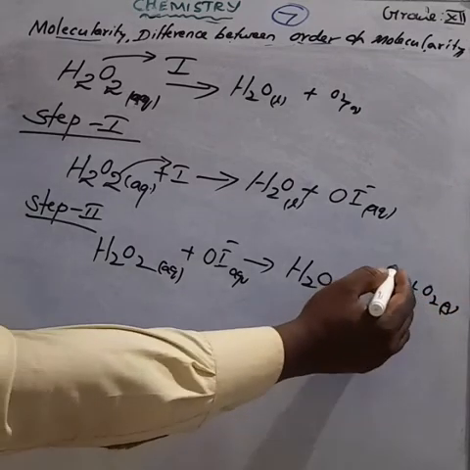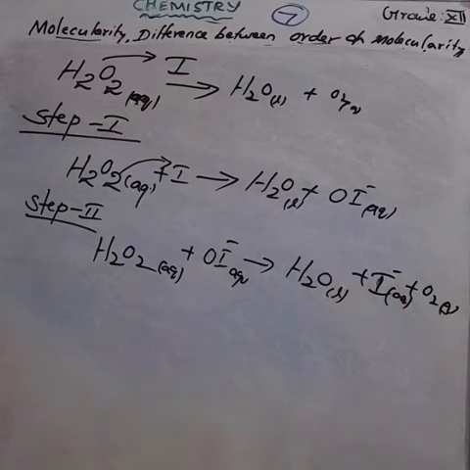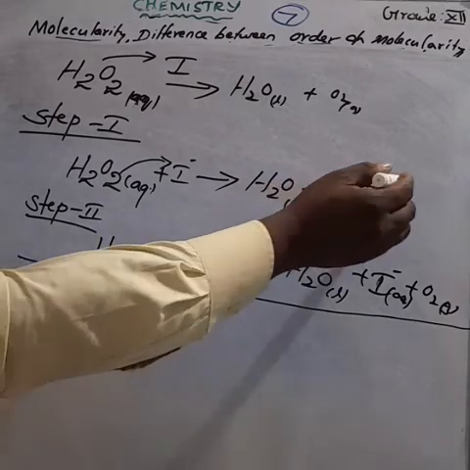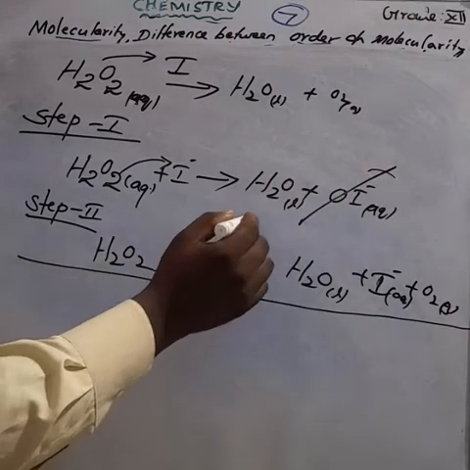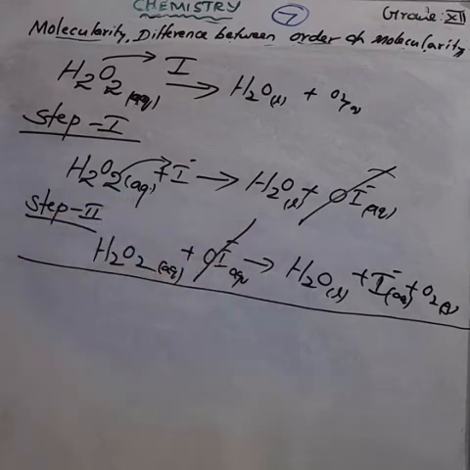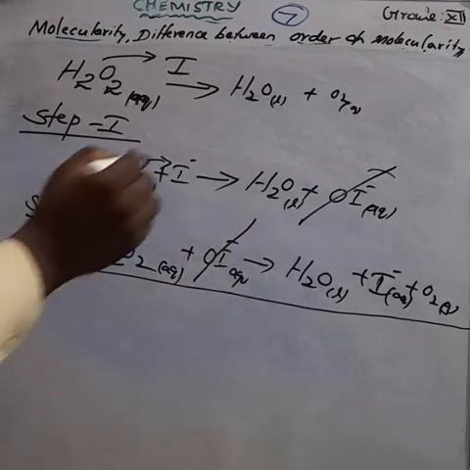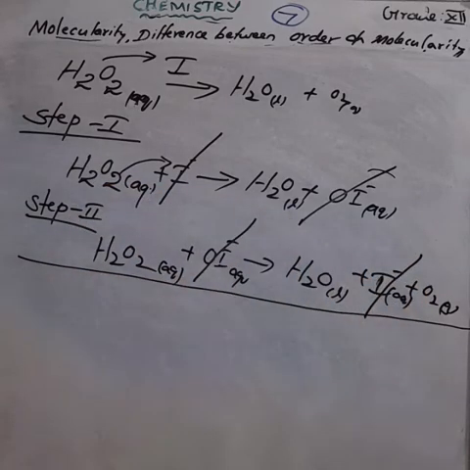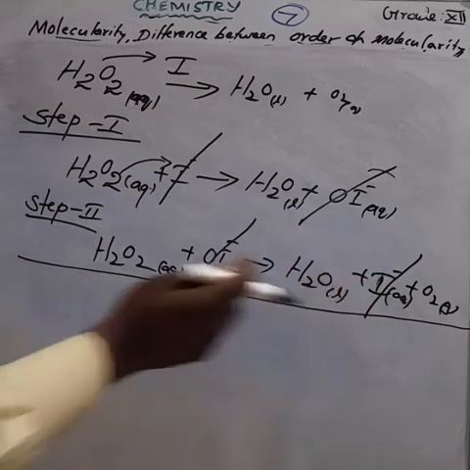Now, how do you write the overall reaction? When writing the overall reaction, we have to cancel. What can be cancelled here? OI minus from the first equation and OI minus from the second equation can be cancelled. I minus from the first equation and I minus from the second step can be cancelled.